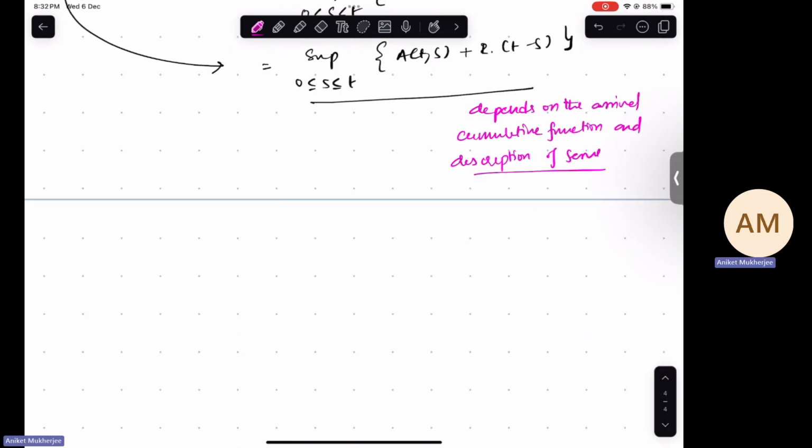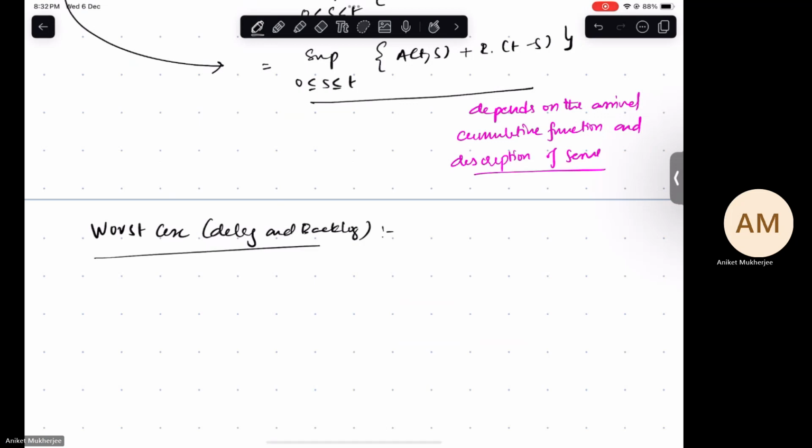Okay. So next we want to define something known as the worst case delay and backlog. So let S be a server and (A, D) belongs to S. So you have the pair of arrival and departure cumulative functions. The worst case delay and backlog are given by d(A, D). Because it's the worst case, it doesn't depend on time, at what time you're saying it, right?